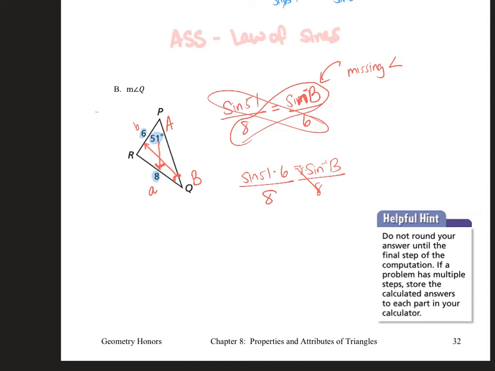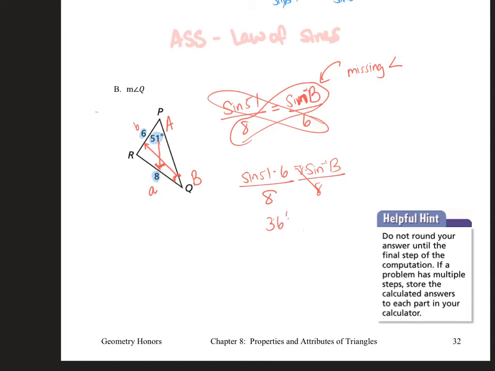And so I'm going to type that in, sine 51 times 6 equals, divide by 8 equals, and I have something like 0.582, and I'm going to now do inverse sine. That's 35.7. No, it's an angle. 36 degrees, sorry. I said whole number for angles.